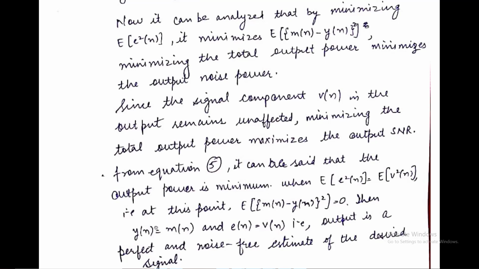Then we can say yn is equal to mn, and if yn, the estimated output of the adaptive filter, is equal to that noise which we are subtracting from xn, then in that case en will be vn, which is the output we want, and we can consider that output to be a perfect and noise free estimate of the desired signal.